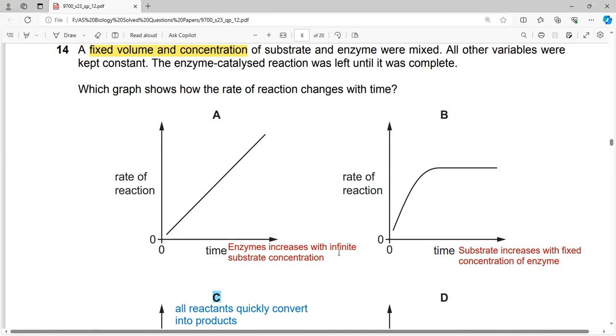For example, if the enzyme is along the x-axis and the substrate is infinite, then A is possible. What about B? If you put the substrate along the x-axis and it's increasing with a fixed concentration of enzyme, then the B option will be correct here.